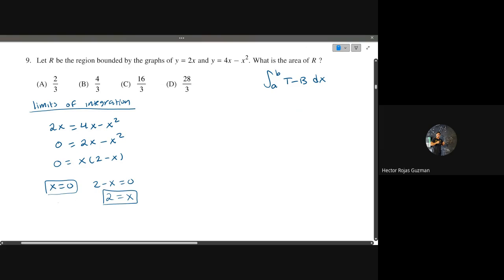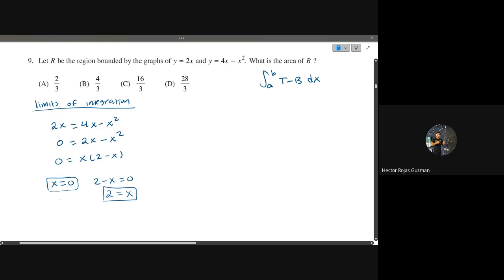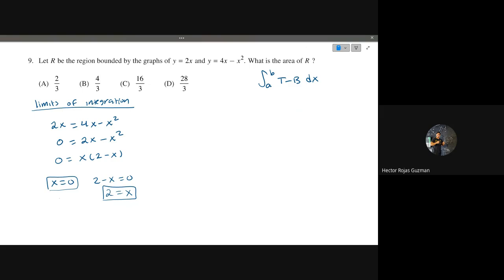So next, we have to figure out which function is the top function and which function is the bottom function. Since my interval is going from 0 to 2, we're going to plug in something in between those two, such as 1. So we're going to check x equals 1.